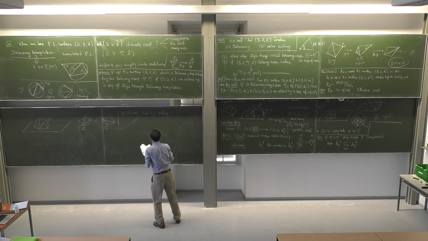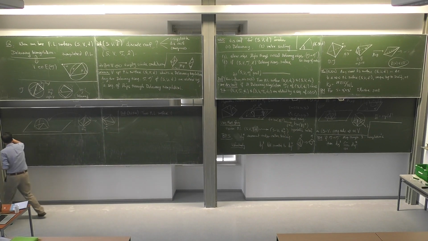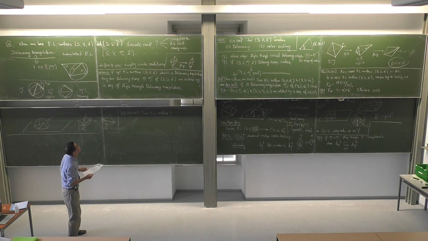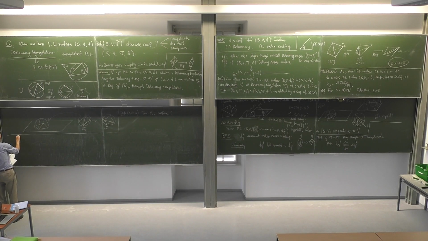Or maybe let me phrase this one. Before I do it, it's now clear what is really the class of surfaces that we want to study to produce this notion of discrete conformality.